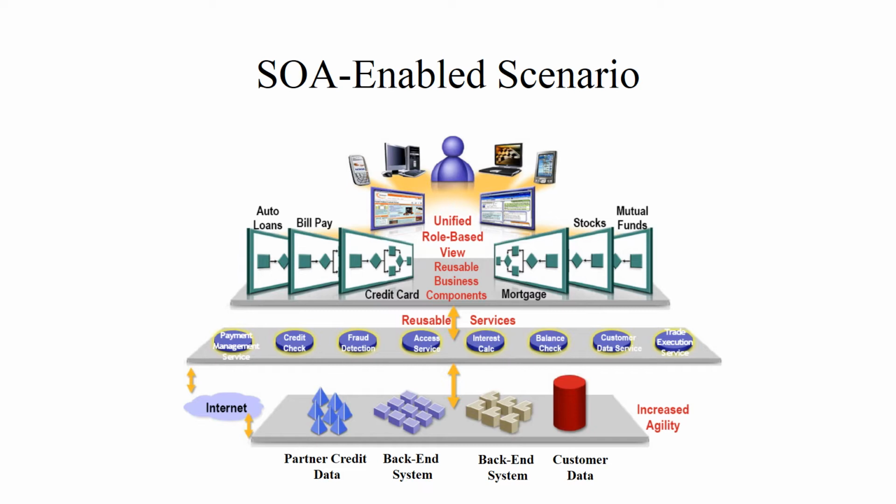The user can use their personal desktop, mobile phone, tablet, laptop, or any device which helps them access their banking data. That is the scenario that we are going to use for service-oriented architecture, and we're going to discuss it a little further.